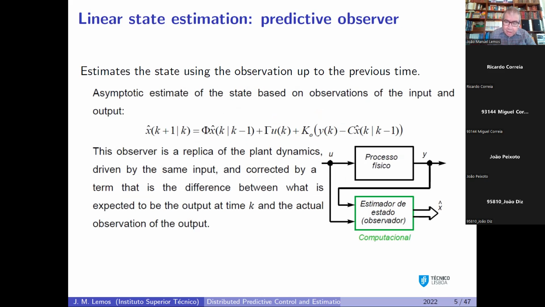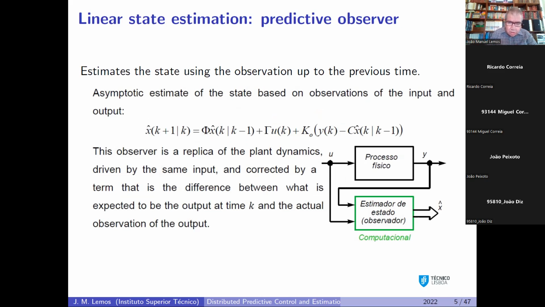The faster the error goes to zero means that your bandwidth is bigger. But when you make your bandwidth very big, then you are also opening the window to let a lot of noise enter.